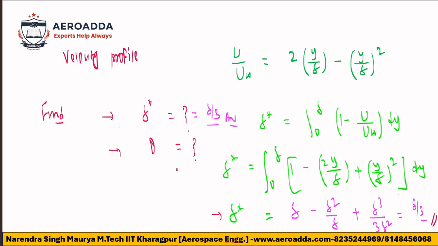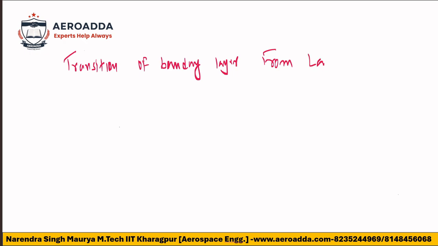Now, as I have given the transition of boundary layer, what is the formula I have given? That is nothing but first I have given for the transition, which is 5 into 10 to the power 5. Then always remember, make a note of this also: transition of boundary layer from laminar to turbulent.